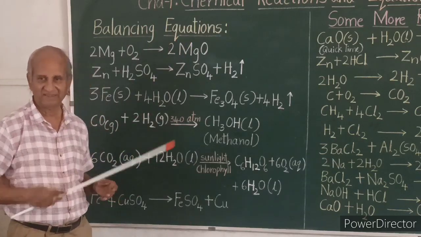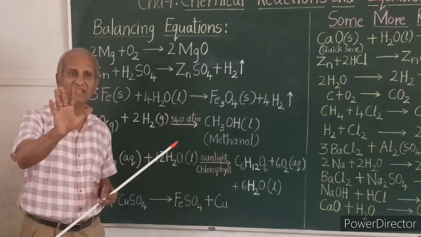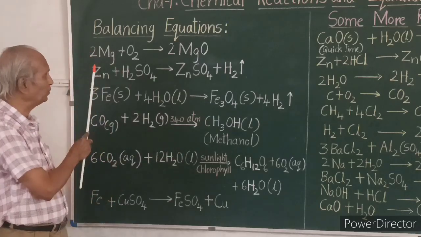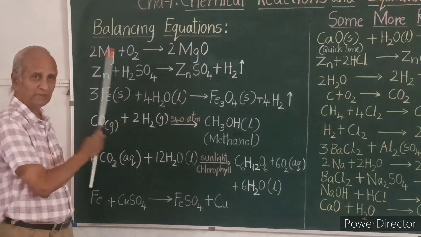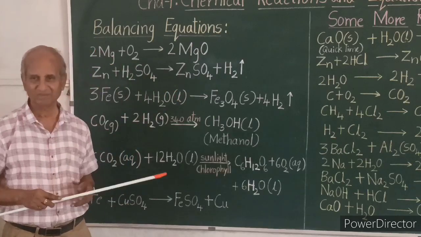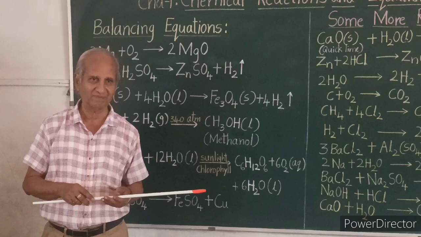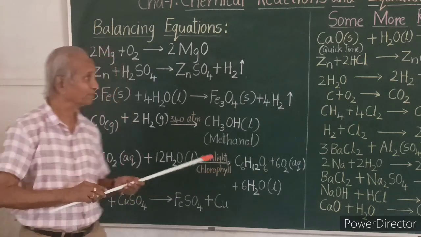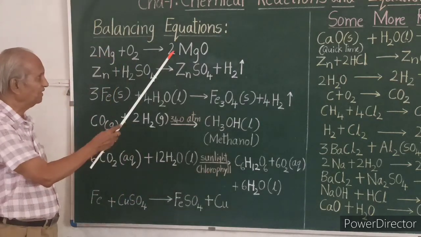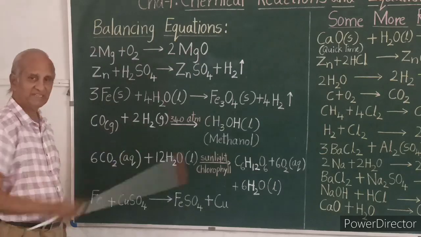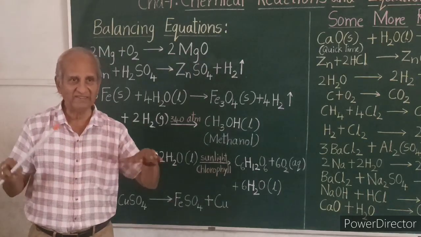Otherwise, we call the equation a skeletal equation. If you don't write 2 here, 2 here, it becomes a skeletal equation. It doesn't have the flesh added. It's a skeleton. So we add 2 here and 2 here. Now it is a very well balanced equation.